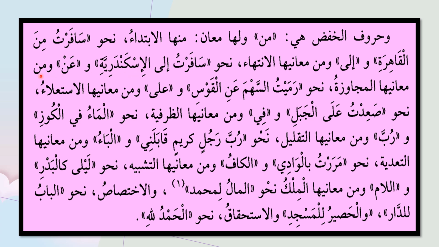Wa'an has a meaning معناها المجاوزة. Majawaza means to retreat, to go back, to recede. For example, رميت السهم means I threw the arrow. عن القوسين means when you pull the arrow in the bow, what happens?